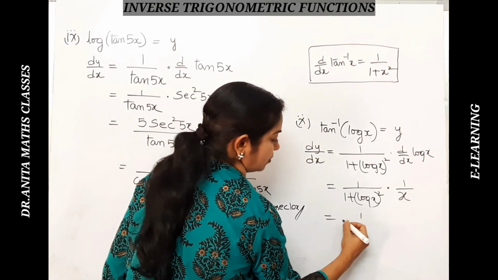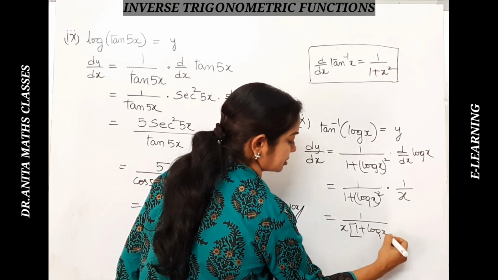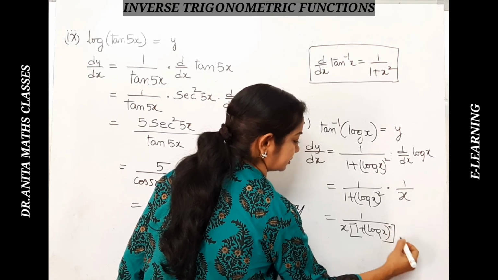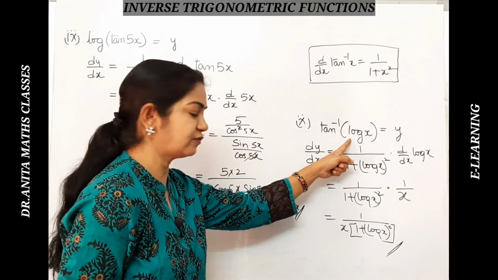So that comes to 1 upon x into 1 plus log x whole square. Right, so this is the derivative of tan inverse of log x.